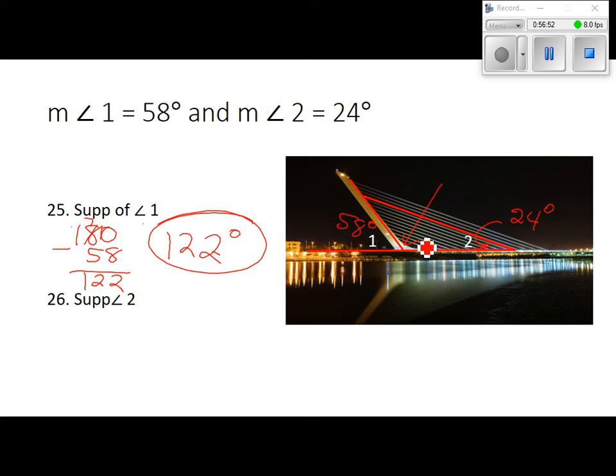And we need to know what that angle is. Supplement of angle 2. This angle right here would be supplementary to angle 2. We might need to know that so we know what angle to put those wires at. So again, supplementary means 180, so we take 180 minus 24 this time. You end up with 156.